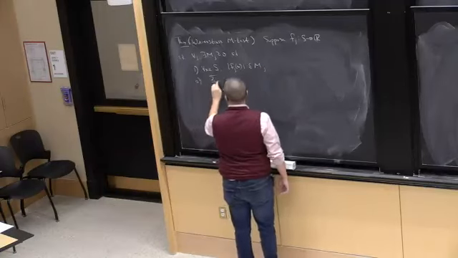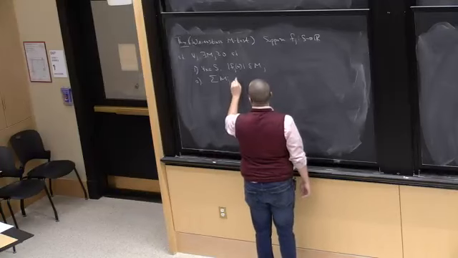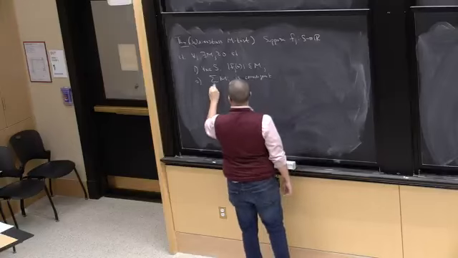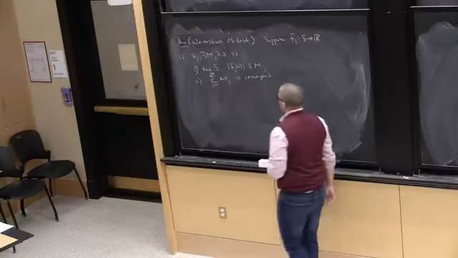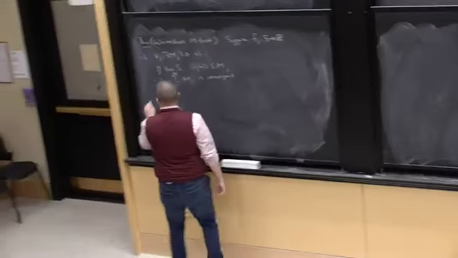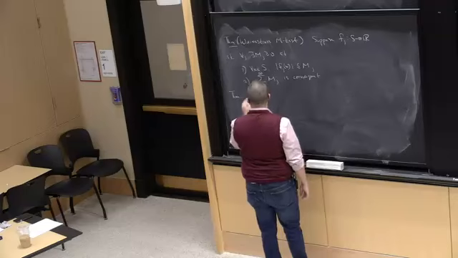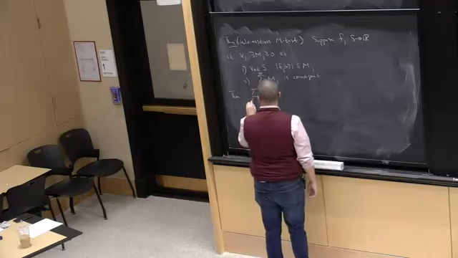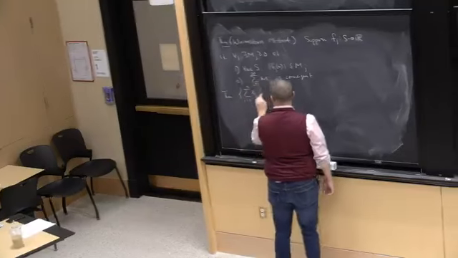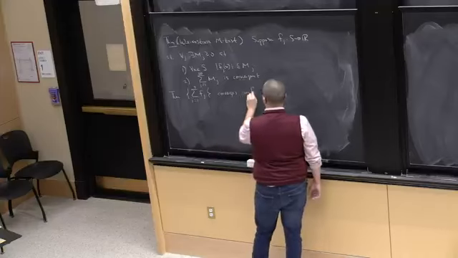And two, these m_j's are summable. Okay? Then the conclusion is the sequence of partial sums converges uniformly.